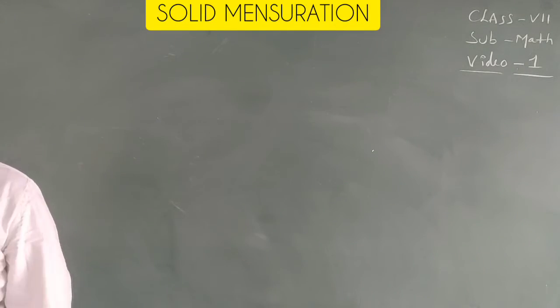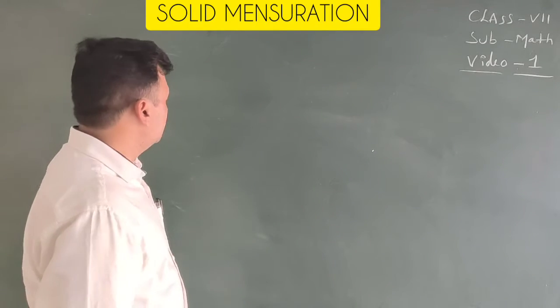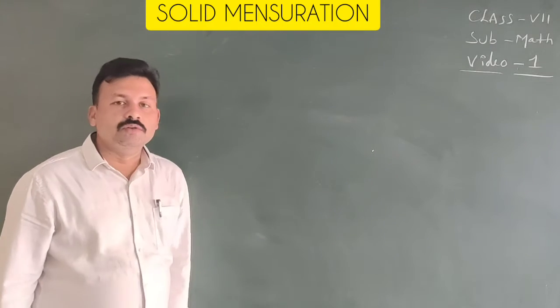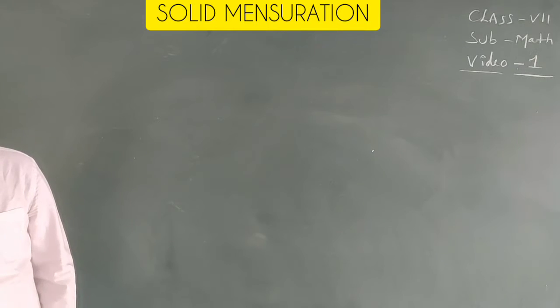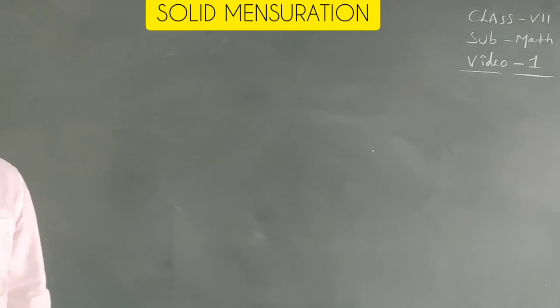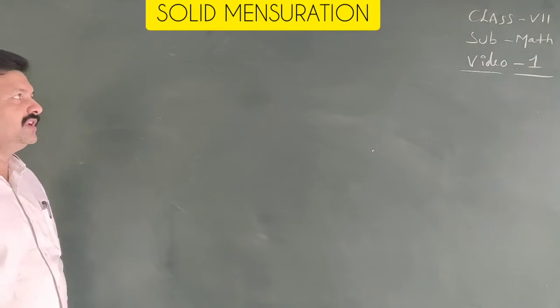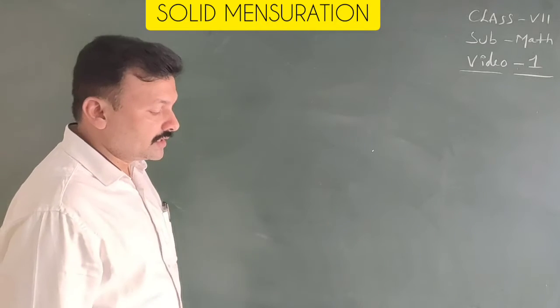Afterwards, divisibility rules and the concept of unity. This chapter we will continue in 8th class as number theory. There, a lot of concepts are there. We will continue there.